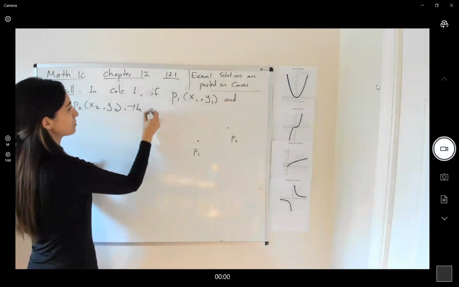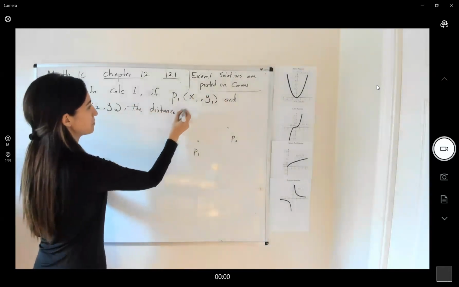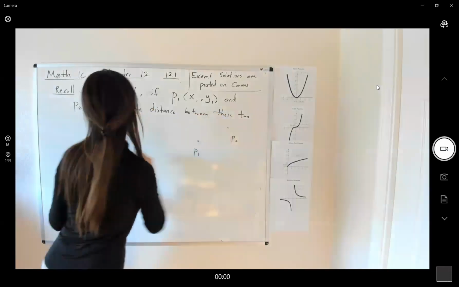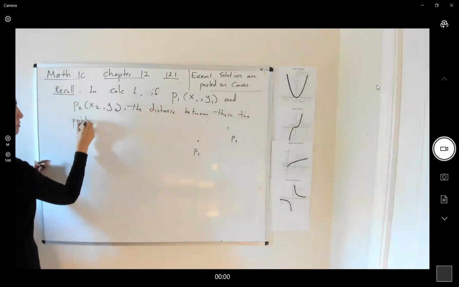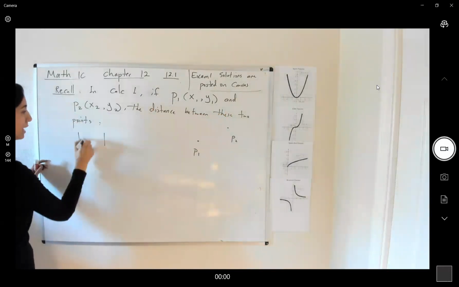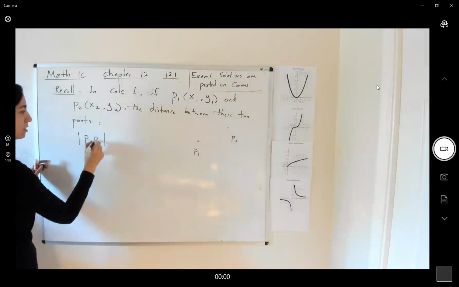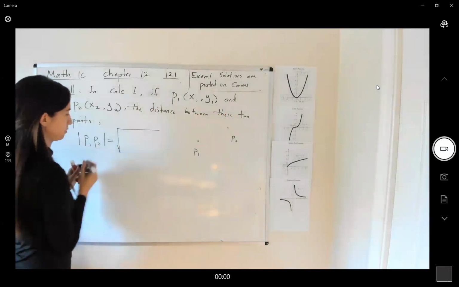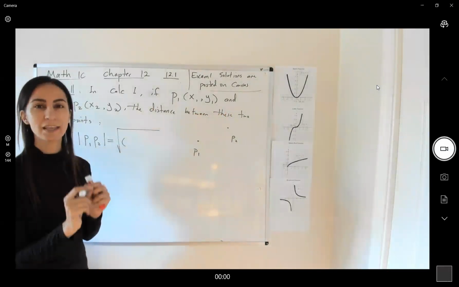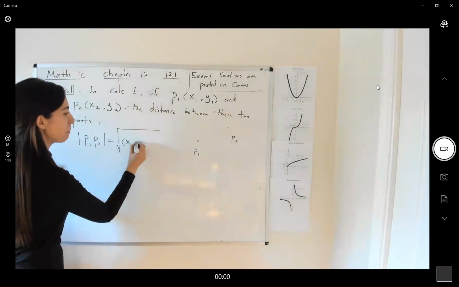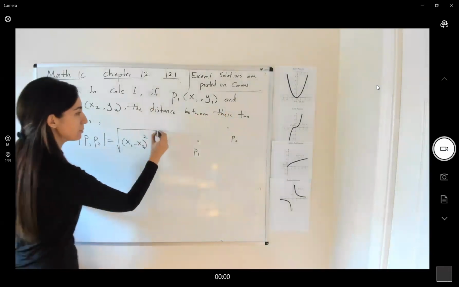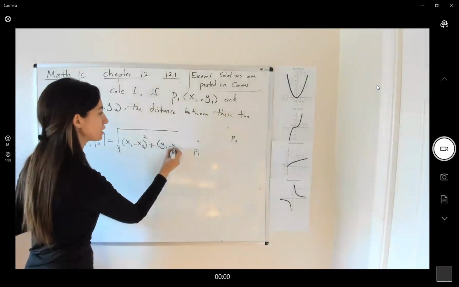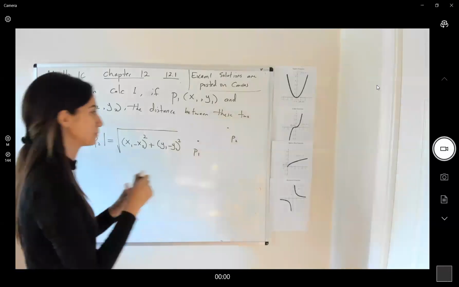The distance between these 2 points, the absolute value of P1 P2, is equal to the square root of the difference in x values, x sub 1 minus x sub 2 squared, plus the difference in y values squared, y sub 1 minus y sub 2 squared.